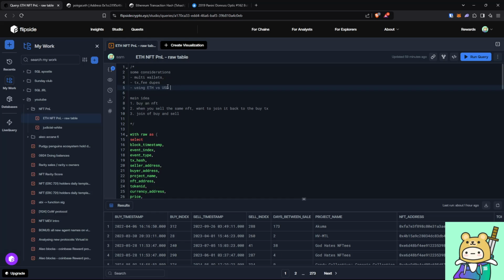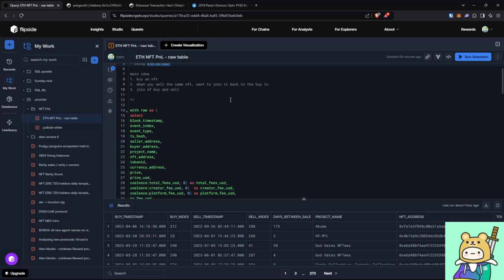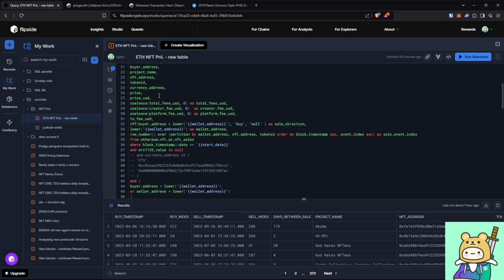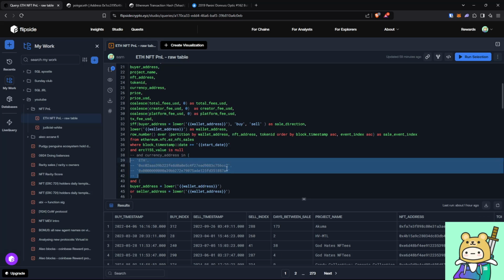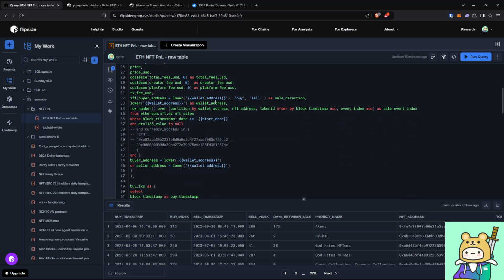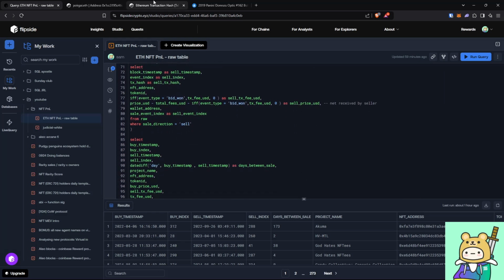Those scenarios can cause a misjoin, right? The join doesn't make sense, and so I would advise caution when you're using ETH. And yeah, I think that is it.